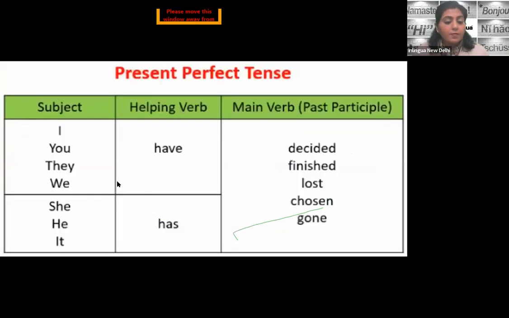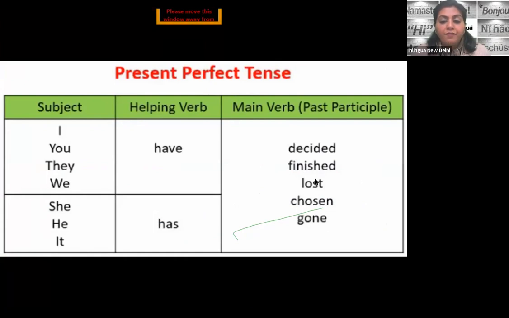Okay. More clarity on that through this table. If you look at the left side, you have the subjects I, you, we, and they. And then we have the singular third persons, she, he, and it. I have decided. You need to put the word have here to make it into a present perfect tense sentence.